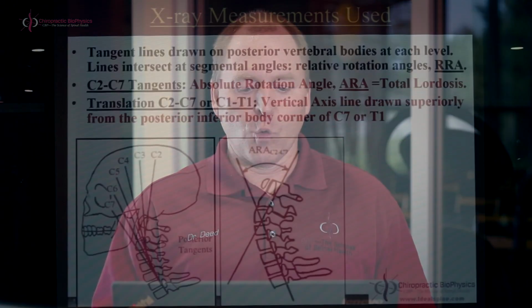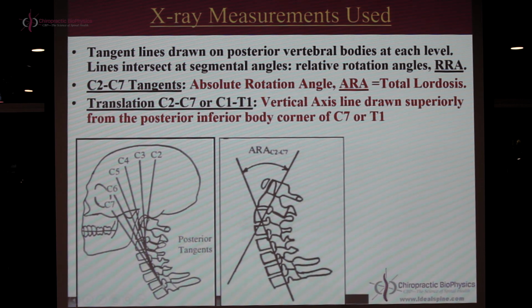Now the X-ray measurements in this project. We've already talked about the Chiropractic BioPhysics posterior body tangent lines. Just to review, these are the measurements we used. The relative rotation angles, or segmental angles, these are what give rise to the total angle of curve that we call the absolute rotation angle, or ARA. So we measure all these segmental angles using the back of the vertebral bodies to look at segmental angulation.